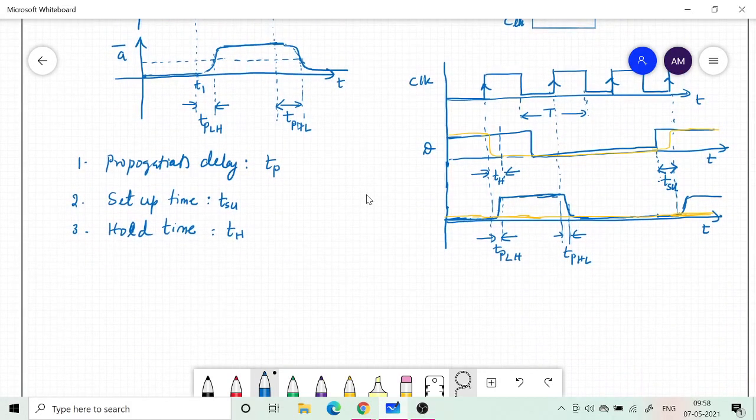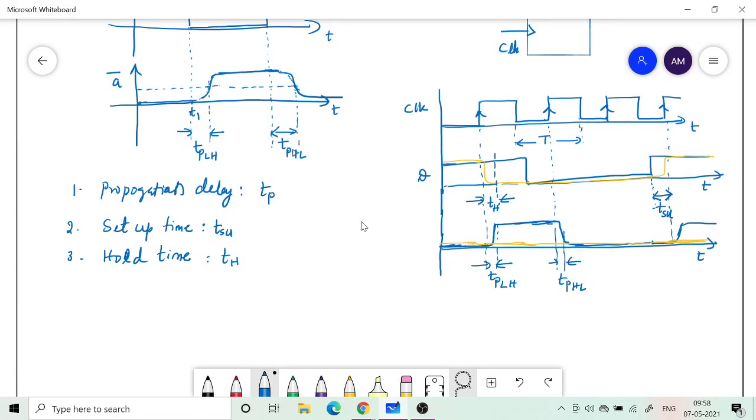Connected to this, we can also talk about what is the maximum frequency with which the clock can be operated, given these timings, the values of these times, like TPLH and TPHL. Sometimes TPLH may be larger than TPHL, sometimes TPHL is larger than TPLH.